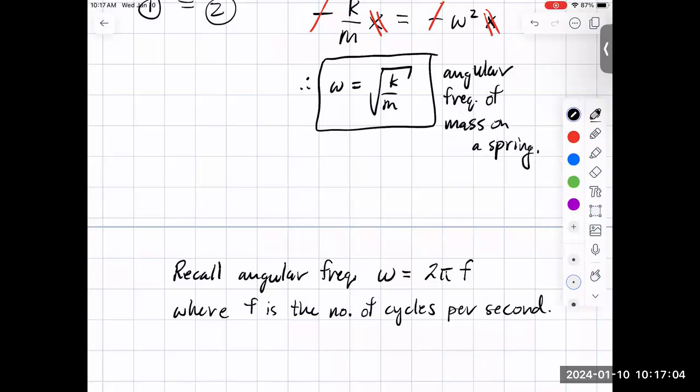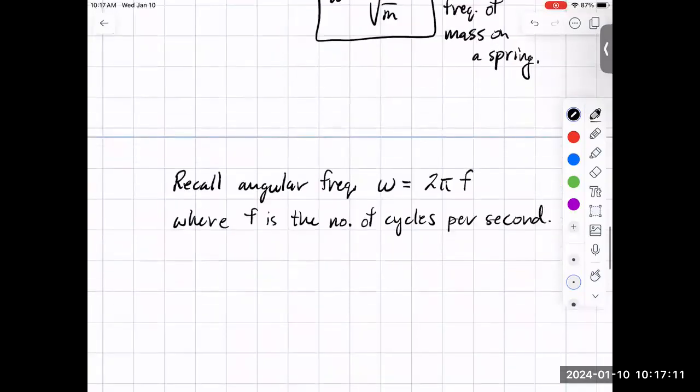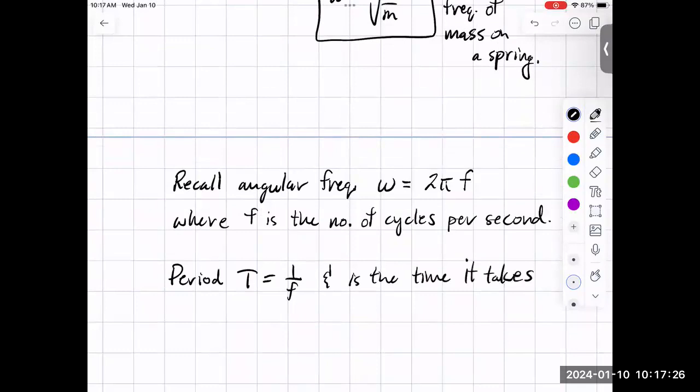The period is how long it takes to complete one oscillation, and that's equal to the inverse of f. The period, capital T, is equal to 1 over f and is the time it takes to complete one full cycle or oscillation of the motion.